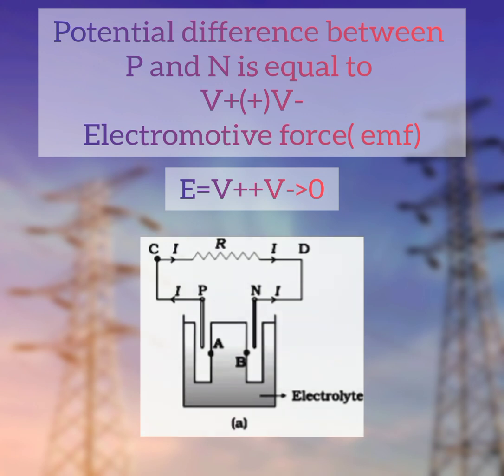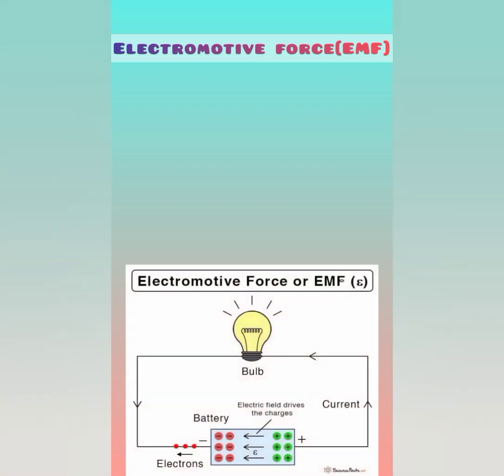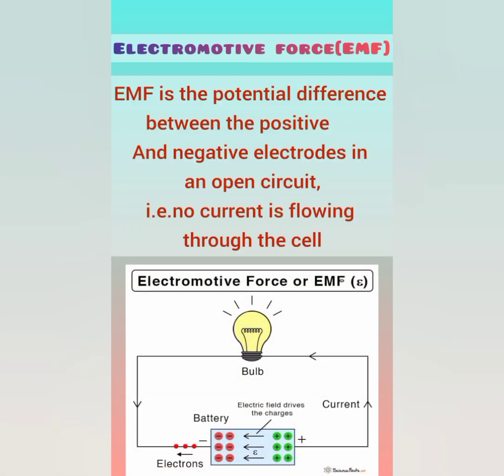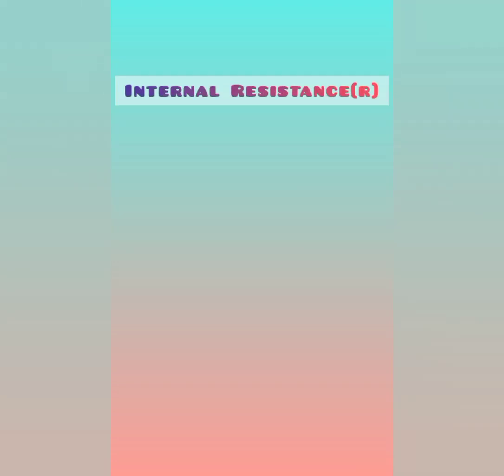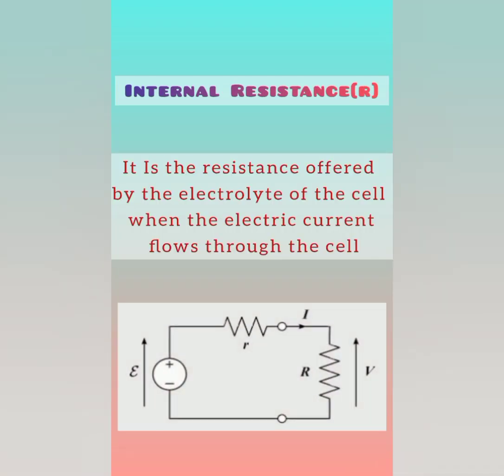Then what do we mean by electromotive force? Electromotive force, or EMF, is the potential difference between the positive and negative electrodes in an open circuit, that is, when no current is flowing through the cell. Internal resistance is the resistance offered by the electrolyte of the cell when the electric current flows through it.